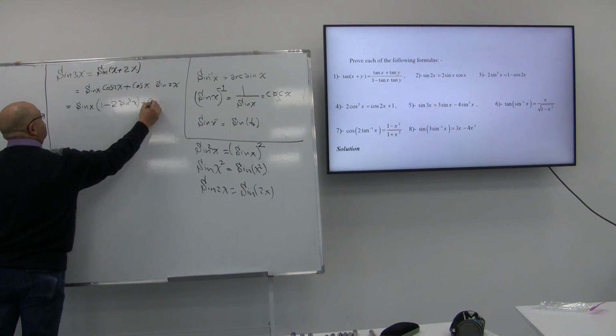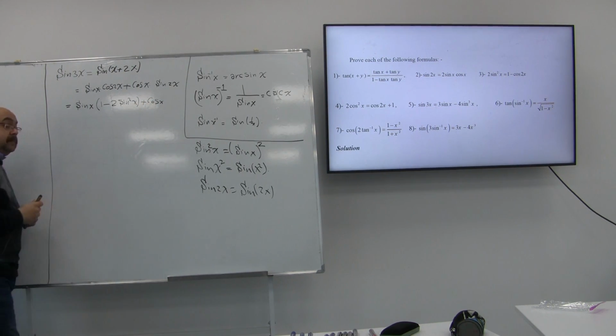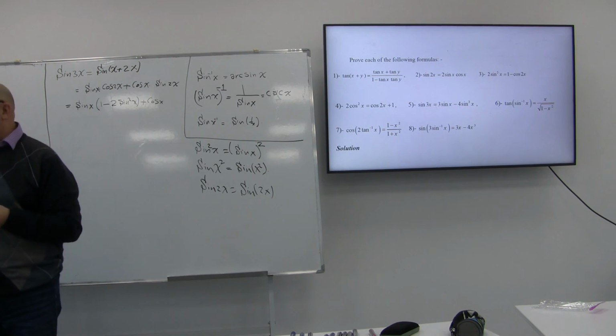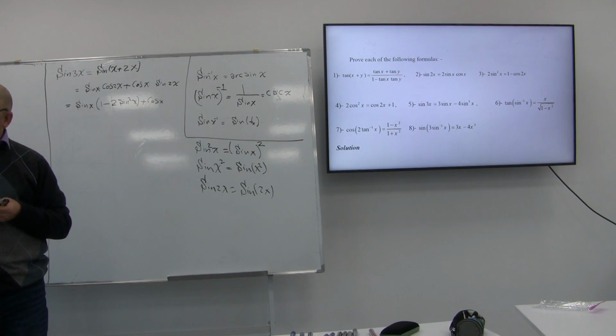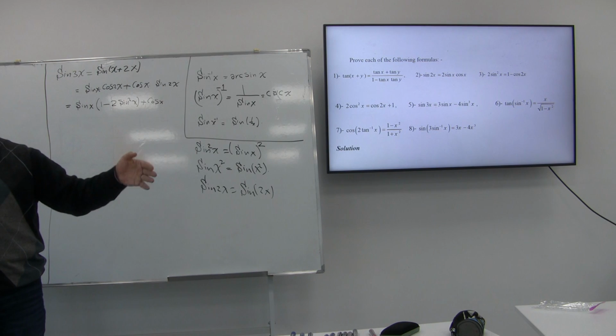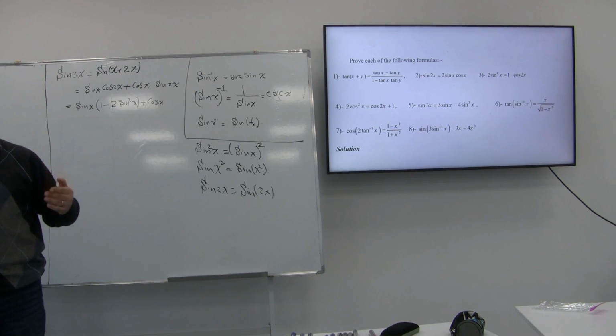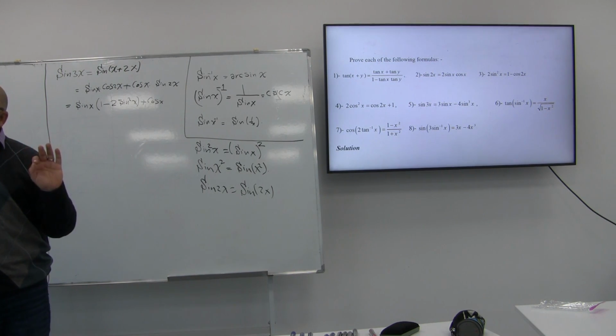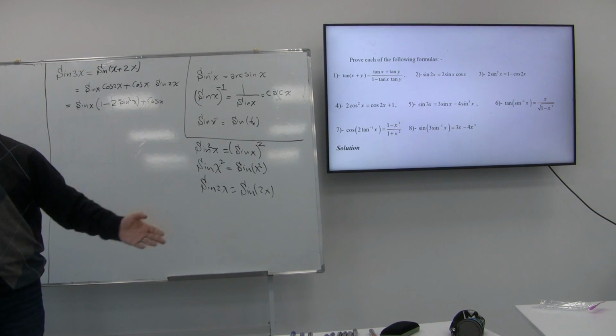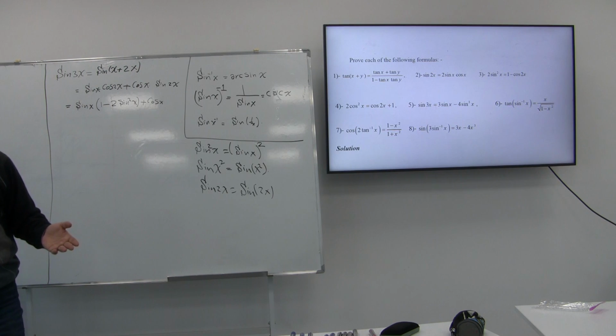Hazan knows that we have three of them: cosine square x minus sine square x, 1 minus 2 sine square x, and 2 cosine square x minus 1. So he chose 1 minus 2 sine square x in order to see sine x.